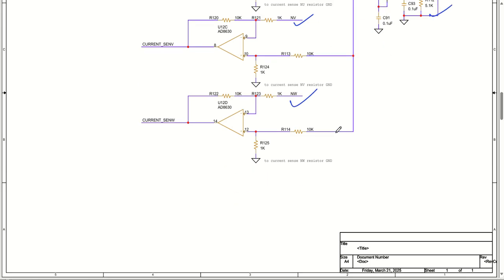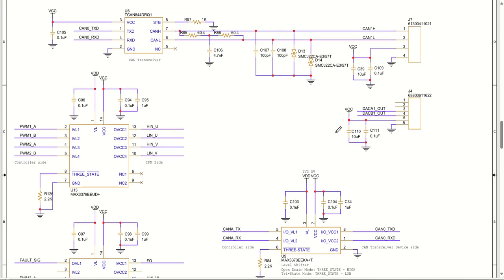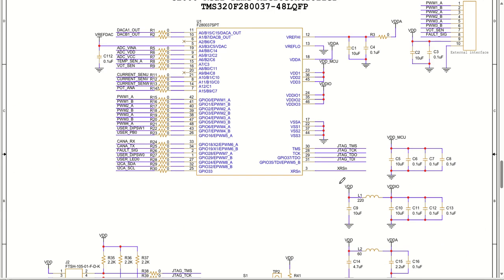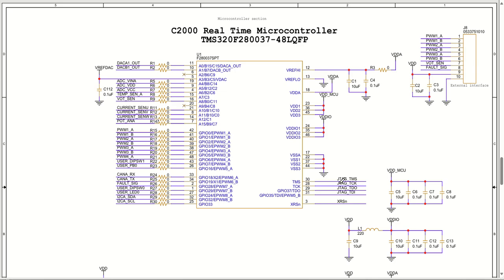Moving to the next part, we will go to the microcontroller. This is the microcontroller that we have used, TMS320F280037 in a 48 pin package. If you want, you can use a 100 pin package as well.